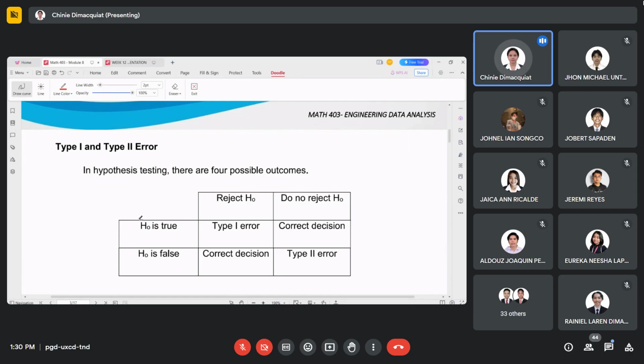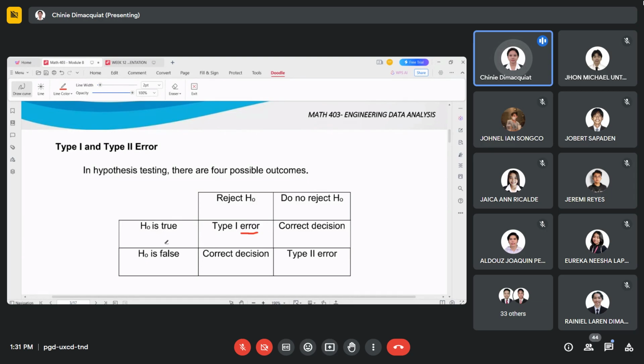So, halimbawa, true yung ating null hypothesis, and nireject natin yung tamang null hypothesis. So, nagkukumit po tayo ng error. Ang tawag dun ay type 1 error. Tama na yung ating null hypothesis, pero i-reject pa rin natin siya. So, error.